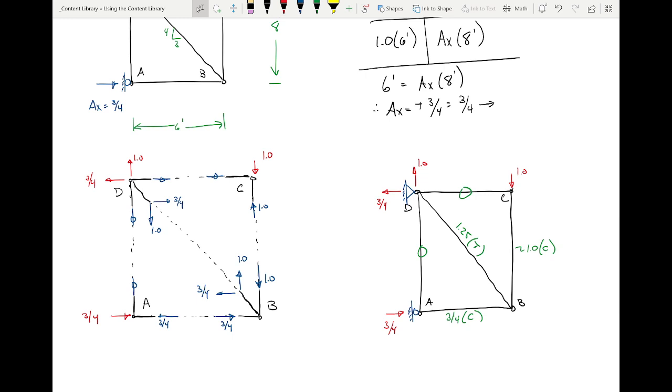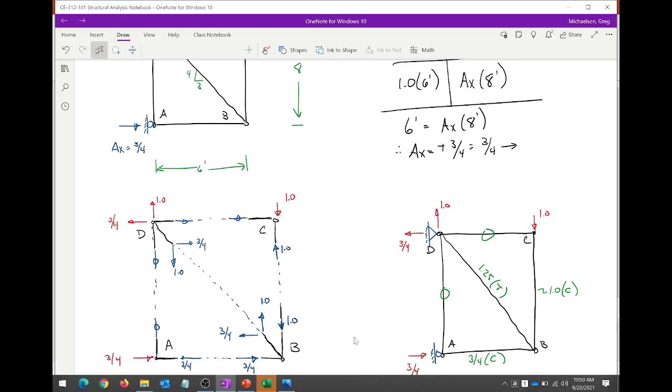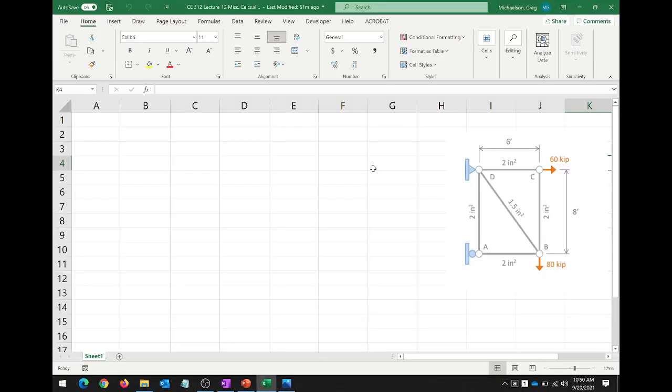Now, what's the formula that we're going to use? Little f times big F times L all over what? EA, right? So, now how many members are in this truss? 5? Okay. Everybody got this? Okay, let's break out some Excel, because I'm lazy here.